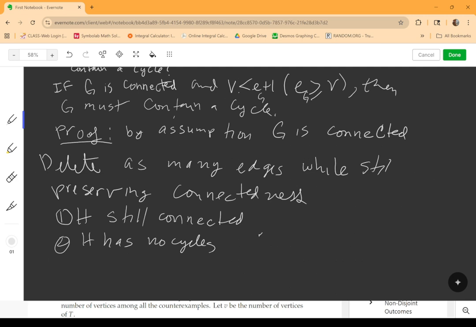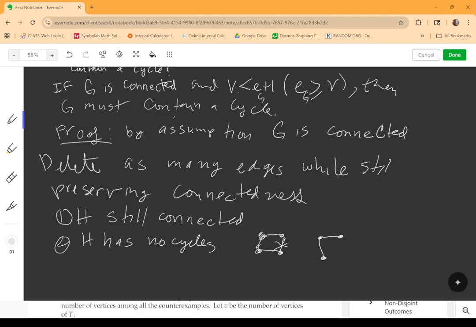Think of a graph like this, where we can still remove this edge here, and it's still connected, and now we've eliminated the cycle.